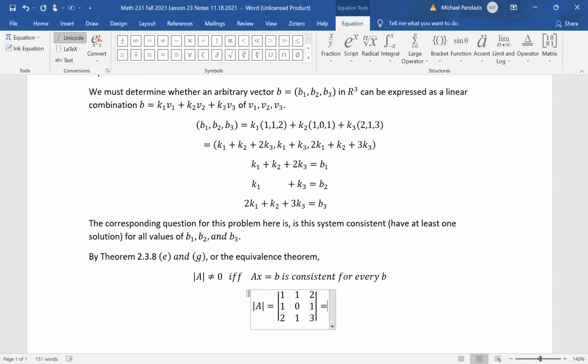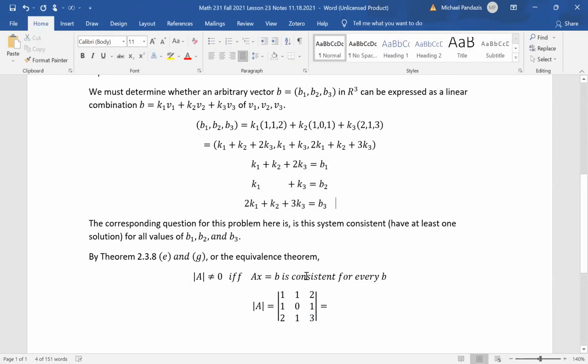Okay, and so that's your coefficient matrix, which you get from here, because the coefficients of the Ks are right there. Now you can find that determinant, and you can take the cofactor expansion anywhere you want. Okay, so let's take it along the second row.